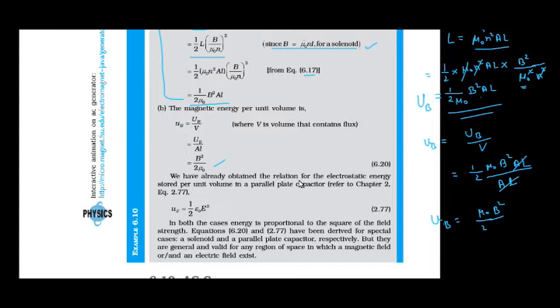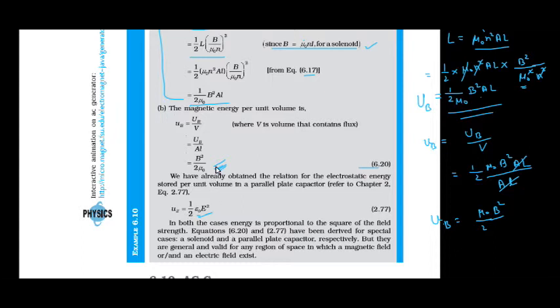We have already obtained the same relation from the electrostatic energy stored per unit volume in a parallel plate capacitor, so u_E is equal to half epsilon naught E square. So in both cases it looks similar. In both cases energy is proportional to the square of the field strength.